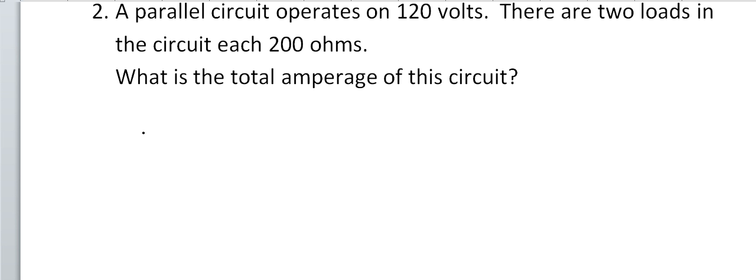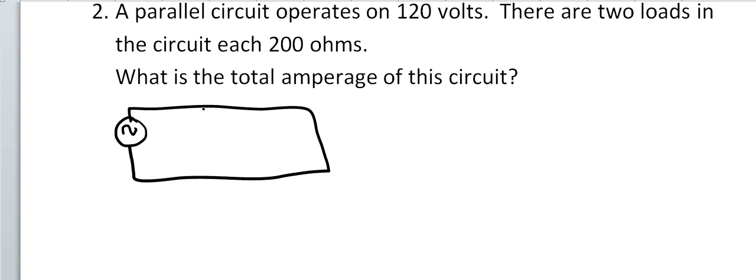We have a parallel circuit that operates on 120 volts. There are two loads in the circuit, each of them 200 ohms. What is the total amperage of this circuit? So let's draw this circuit. Very simple.